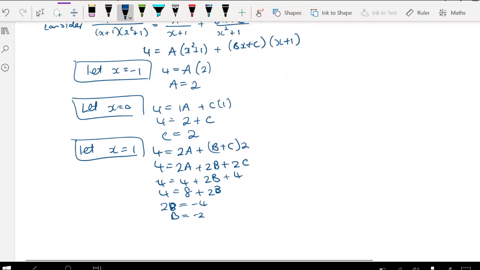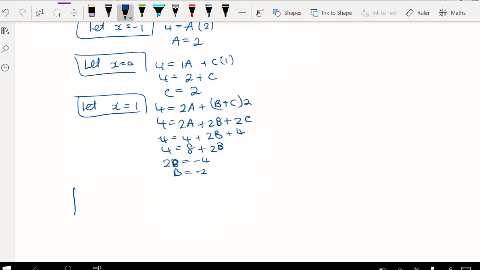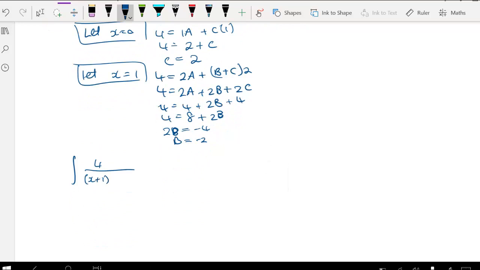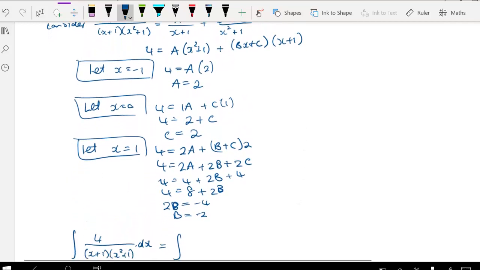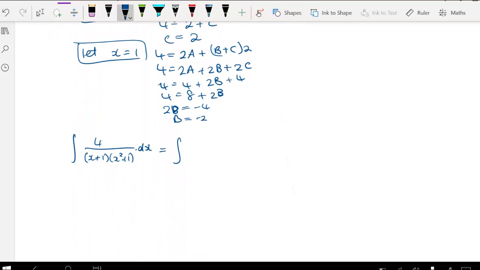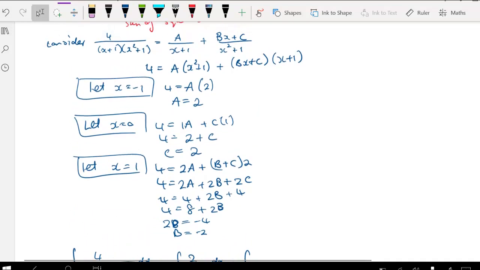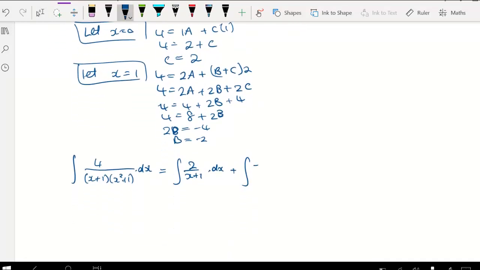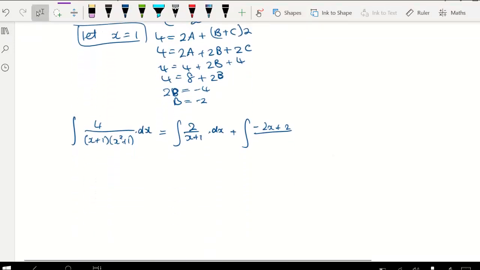Now that we've got all of that, we can rewrite. So instead of looking at the integral of 4 over x plus 1, x squared plus 1, we can break that up, and now we've got the integral of a over x plus 1, which is 2 over x plus 1 dx, plus the integral of bx plus c, so that means we've got negative 2x plus 2 over x squared plus 1.